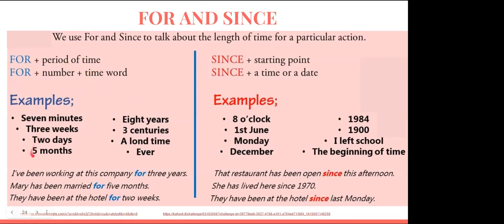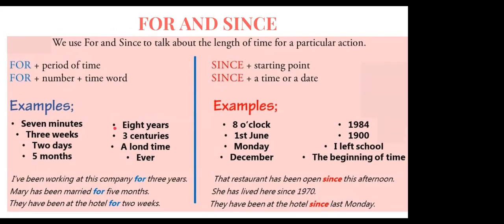For example, 5 months, 3 weeks, 2 days, 3 centuries. And since we are going to use for specifically mentioning a starting point and also to express a time or a date specifically.